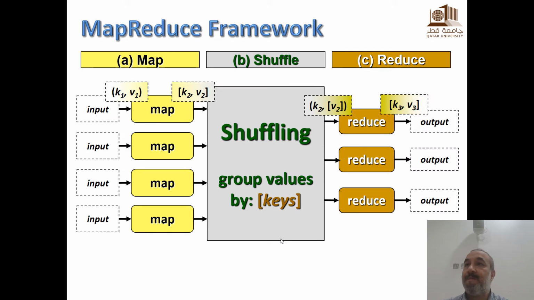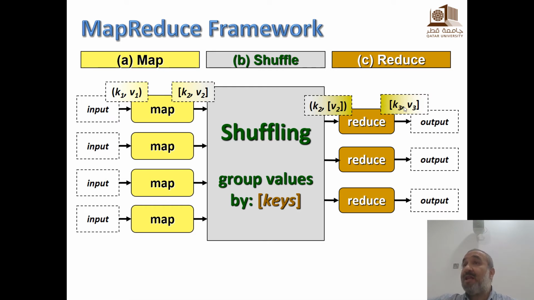I understand that shuffle has a unique key and the list of values, but the reduce is a list of keys and values according to this representation. Each reduce function gets an input that is one key and a list of values. When you look at it, K3 and V3, that's the output of it.